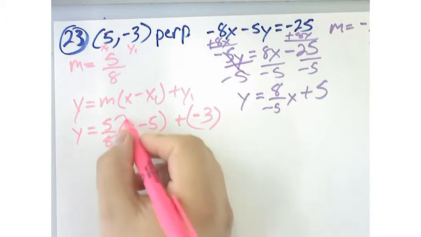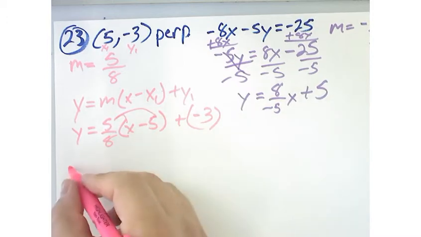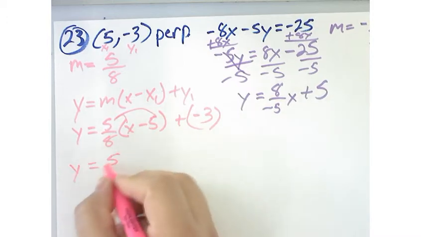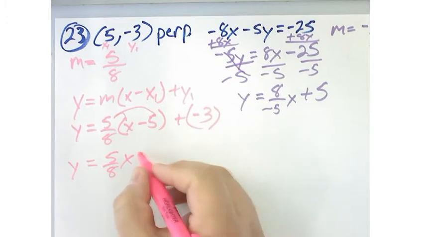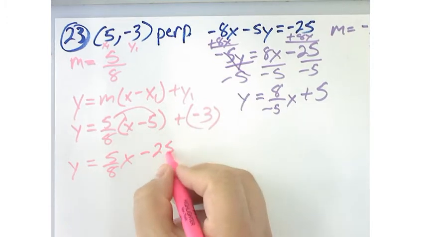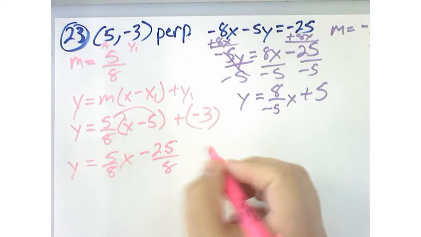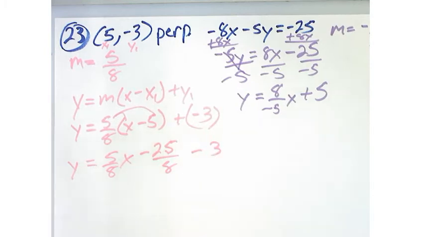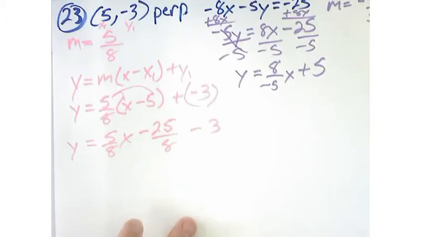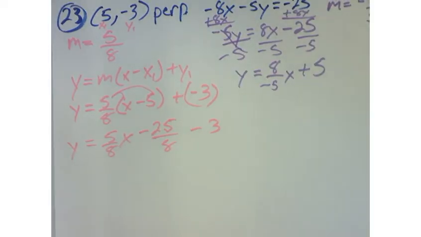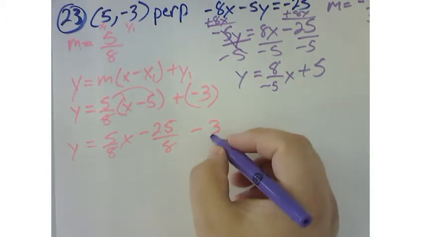Distribute the 5 over 8 through the parentheses, and I get y is equal to 5/8 x minus 25 over 8 minus 3. Well, I have two constants, and I want to make them the same. So what I need to do is have a common denominator.